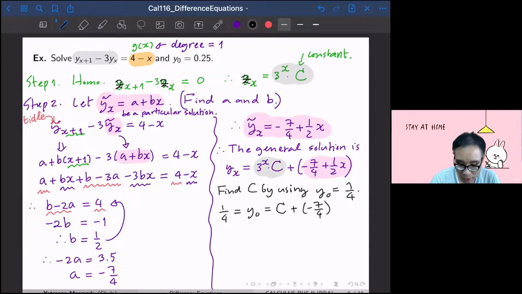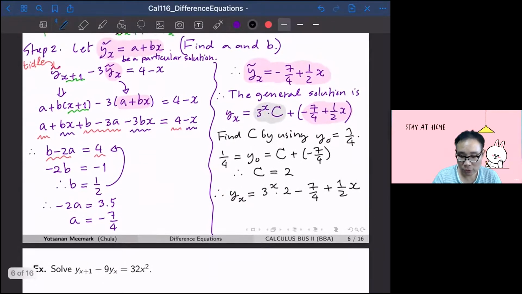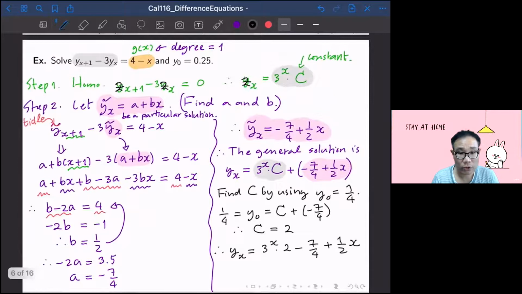Okay, so you get C equal to 2. So you get the solution y(x) turns out to be 3 to the x times 2 minus 7 over 4 plus 1 over 2 x to be the solution for this difference equation. Okay, so this is what you have.